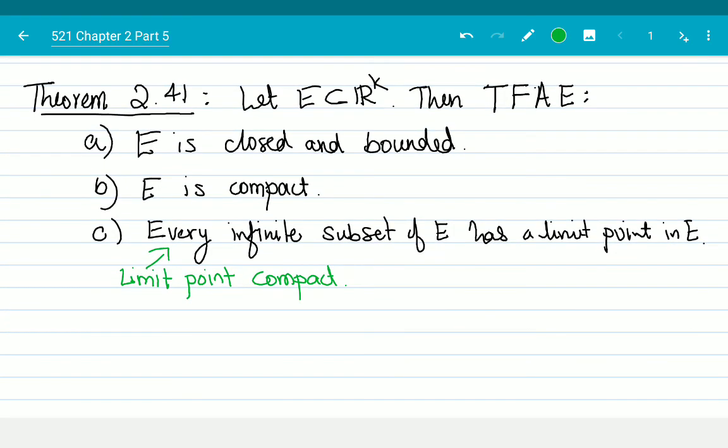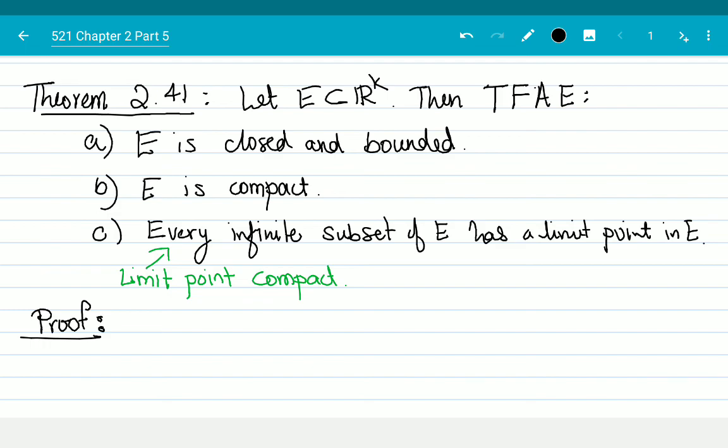The fact that limit point compact and normal compact are equivalent is a major theorem. This is a very important statement which holds true for any metric space. We are going to show it here. We have already shown one way.